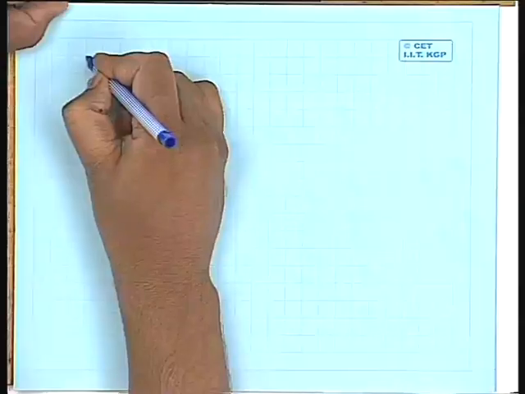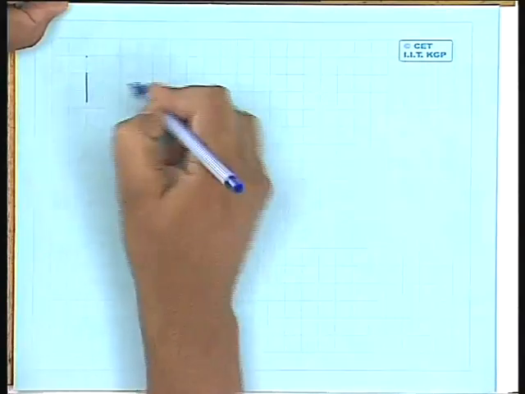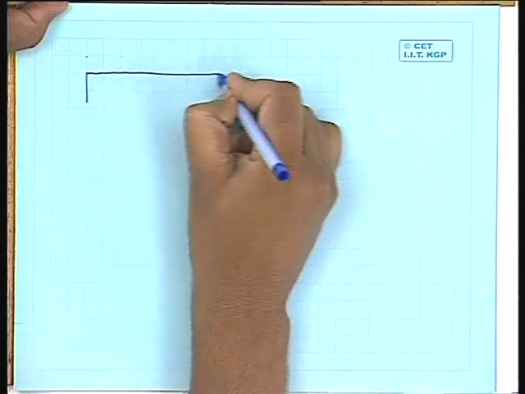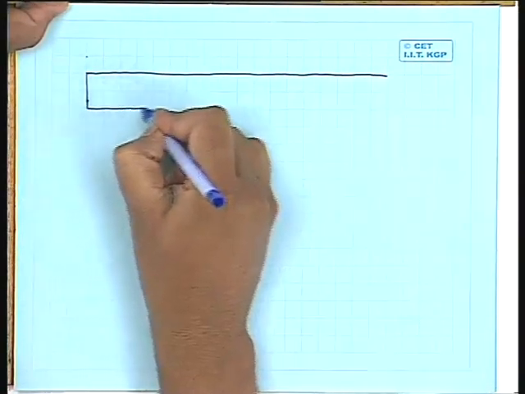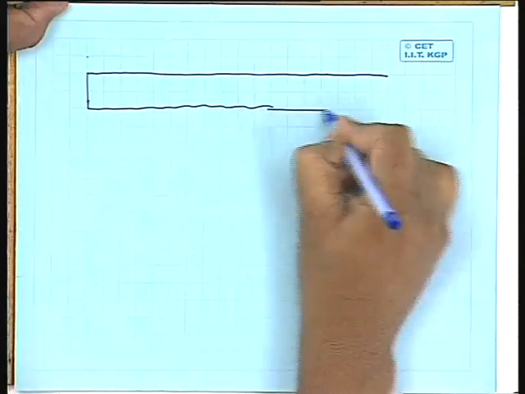Sector number 1 is block number 1. So if I put these blocks in a linear arrangement, then on a hard disk I'll have a series of blocks, which logically can be considered as a linear array of blocks.